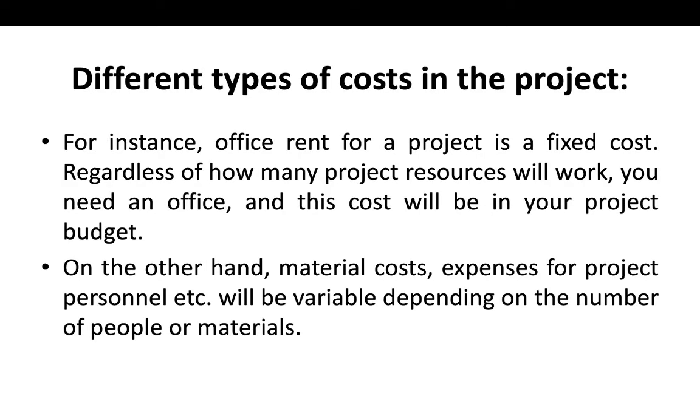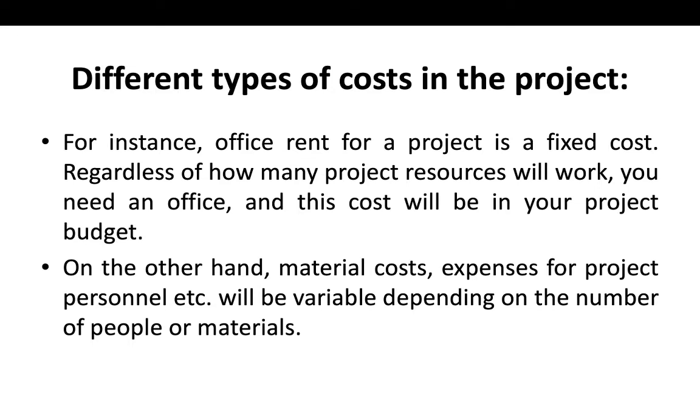So here are the different types of costs in projects. For instance, office rent for a project is a fixed cost. Regardless of how many project resources will work, you need an office, and this cost will be in your project budget.